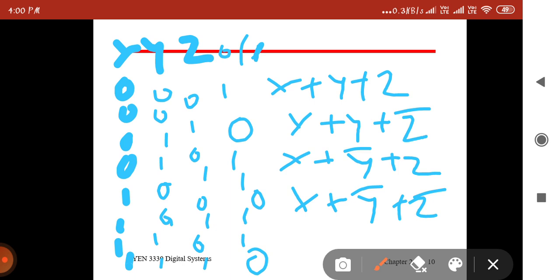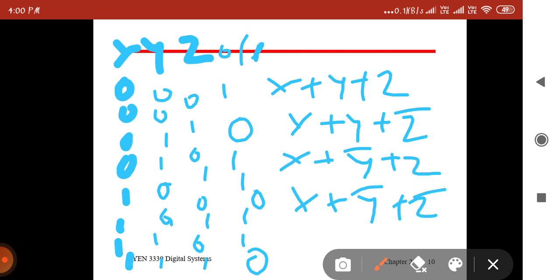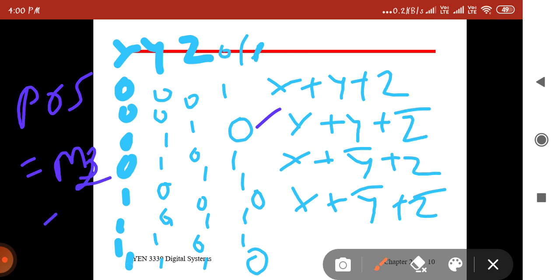Yes. Now what happens in the product of sums? The product of sums equals POS equals M3, M2 plus M5 plus M8, but it is a multiplication sign, not a plus. Why? Because it is a product.